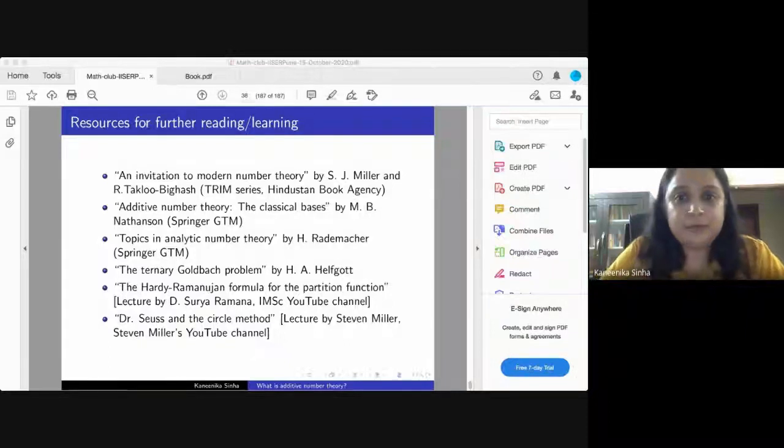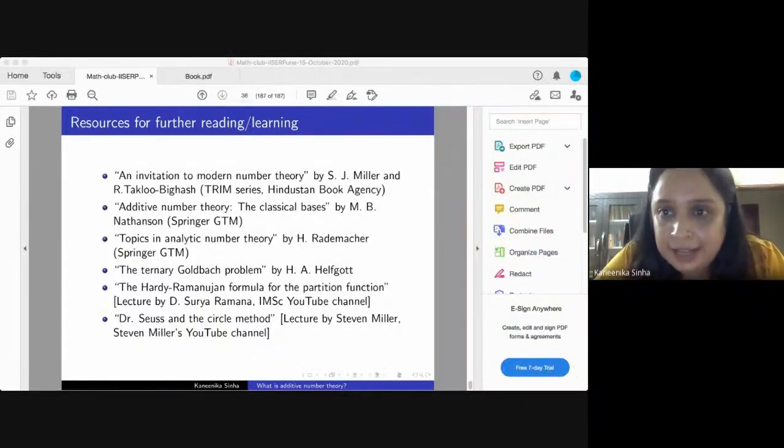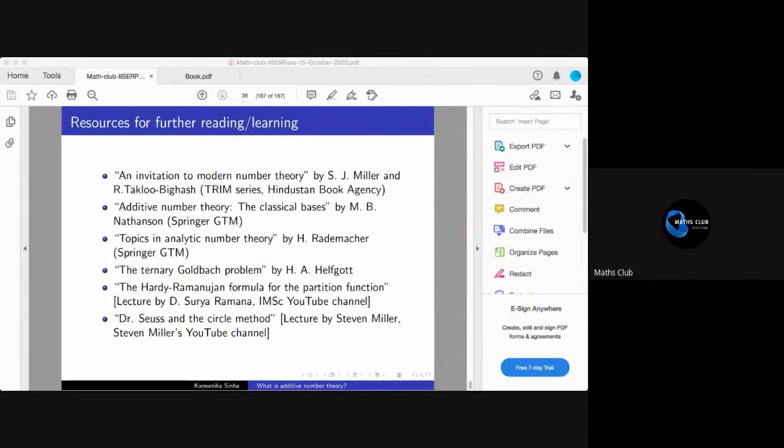If somebody else wants to ask a question, go ahead and ask. So is Helfgott's proof the first complete proof of the ternary Goldbach conjecture? That's right. And the ternary Goldbach conjecture doesn't imply the binary Goldbach conjecture, but does it provide some insights into how that would be proved?